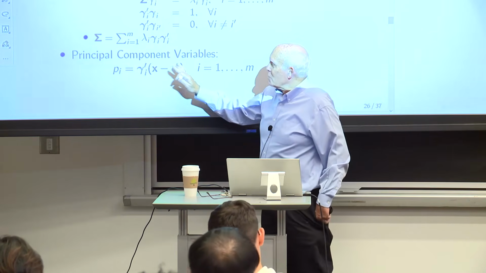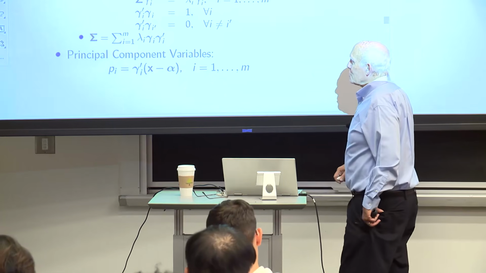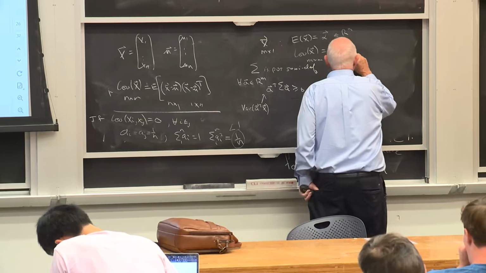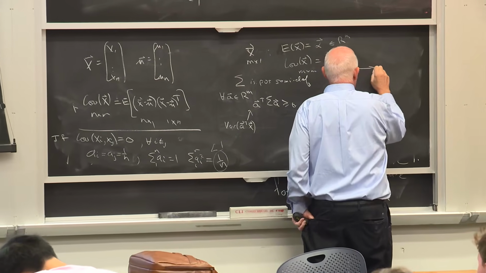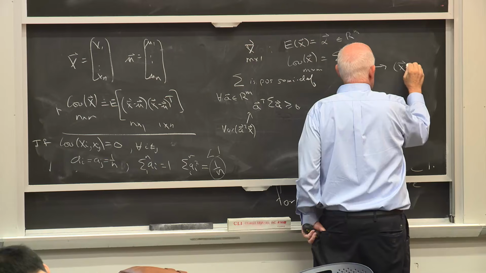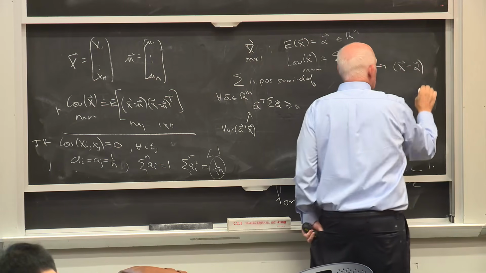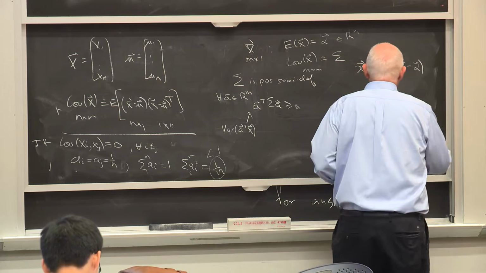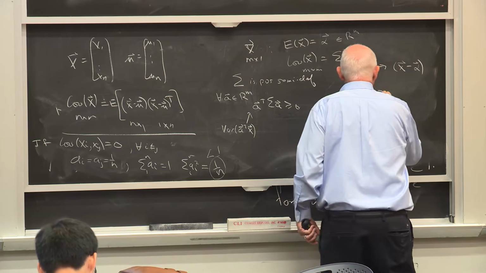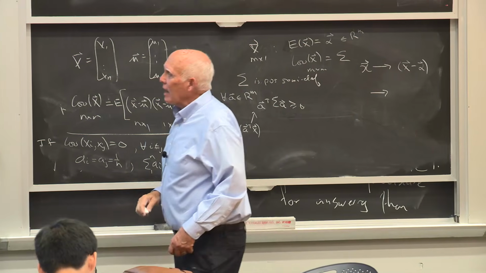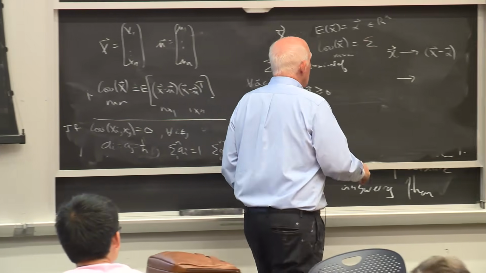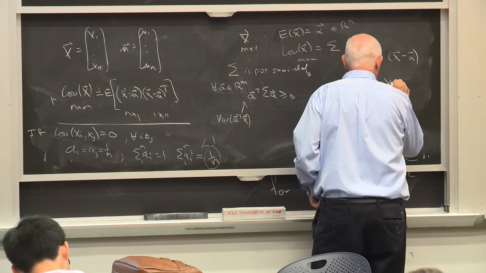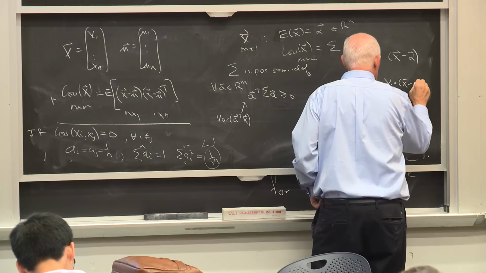Then principal components defines new variables by saying we take our vector x minus alpha. So we're looking at deviations from the mean values, component by component. And then we look at the dot product of gamma i with x minus alpha.